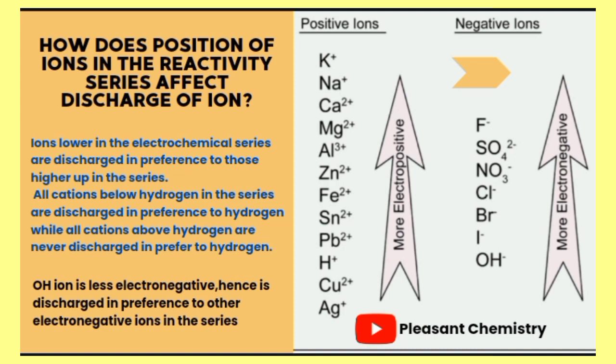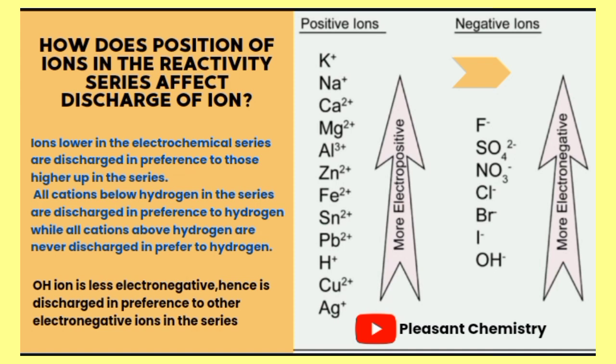Number 1, the way ions are arranged in the electrochemical series, they are arranged in decreasing order of their reactivity, of how powerful they are. In decreasing order. So those cations like potassium, sodium, calcium, they are highly electropositive, and that's why they are up. So starting from hydrogen ion, copper ion, mercury, silver, gold, those ones are less electropositive.